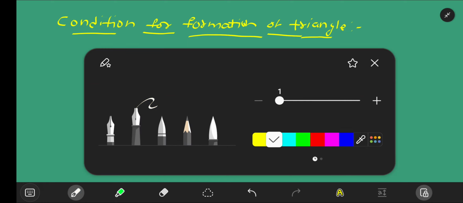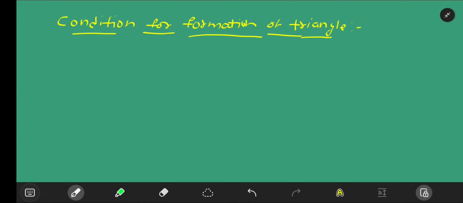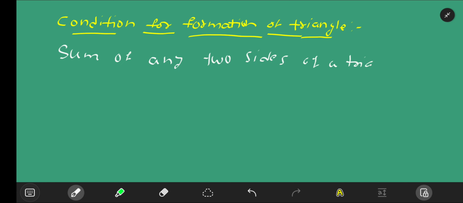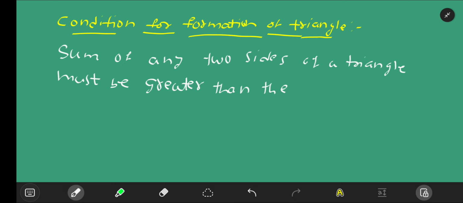The condition is, sum of any two sides of a triangle must be greater than the third side.